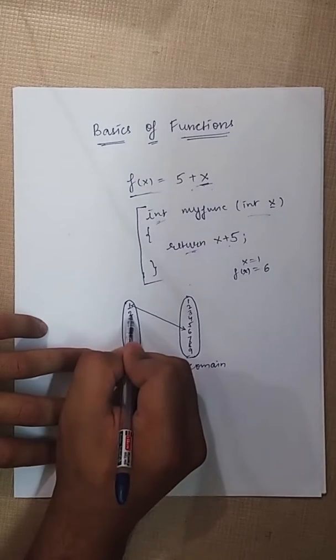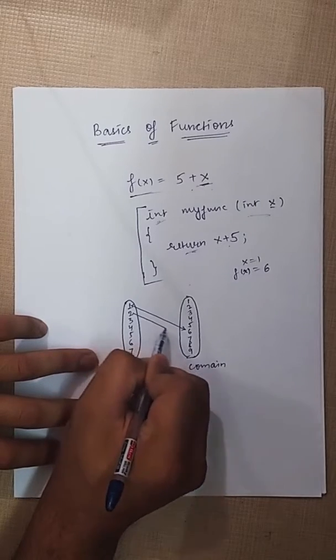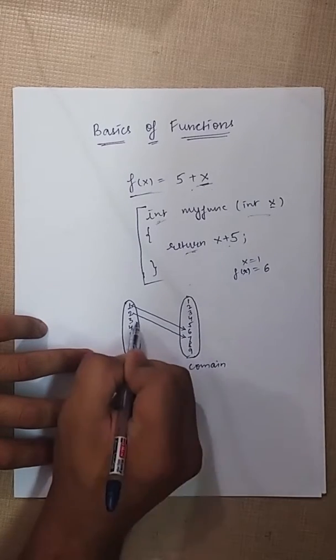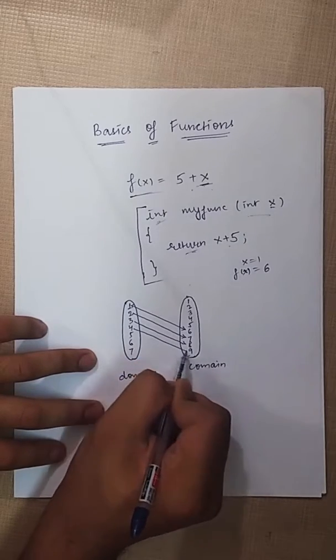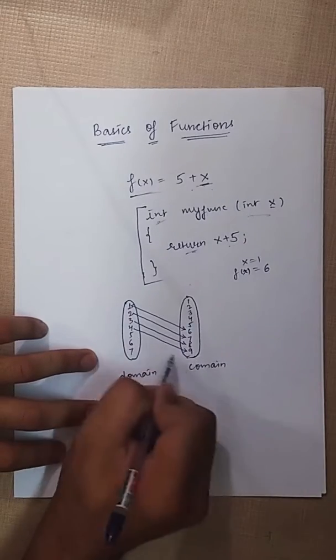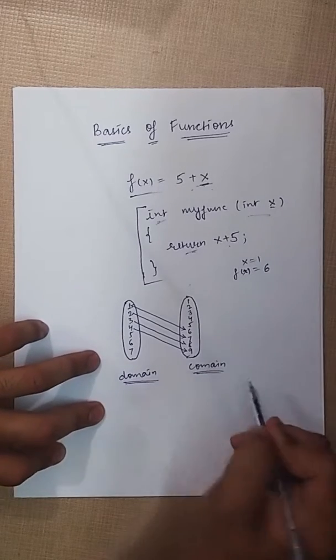And for 2, it gives us 7. For 3, 8. For 4, 9. And so on, we'll map. So this is the domain and codomain. I hope you understand them now.